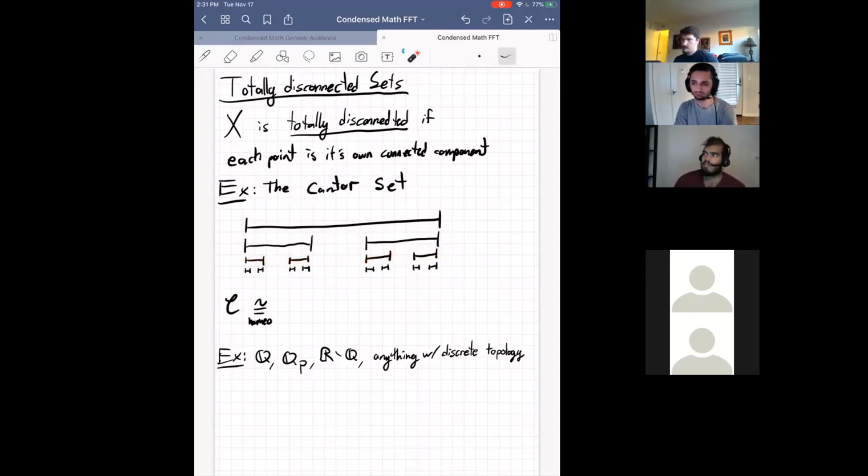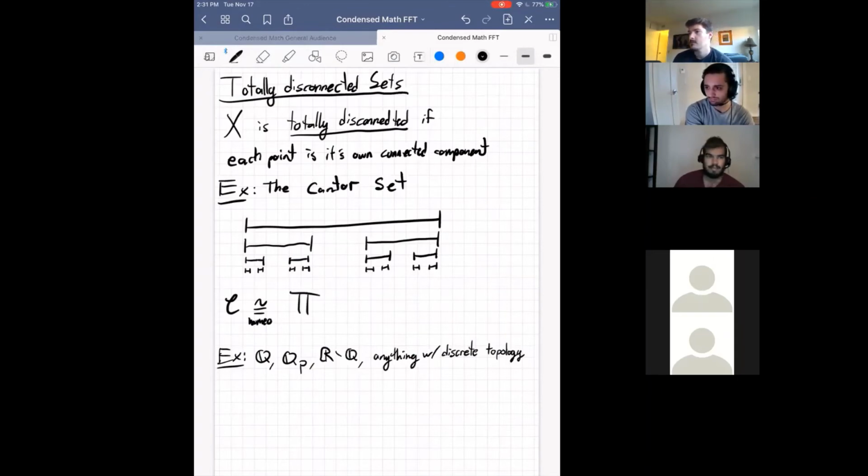And what you can show is that the Cantor set is homeomorphic to the product from i equals 1 to infinity of {0, 1}, i.e. all binary sequences.